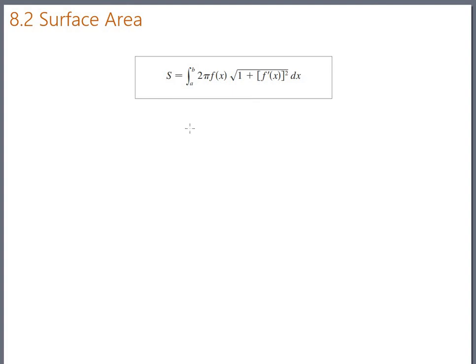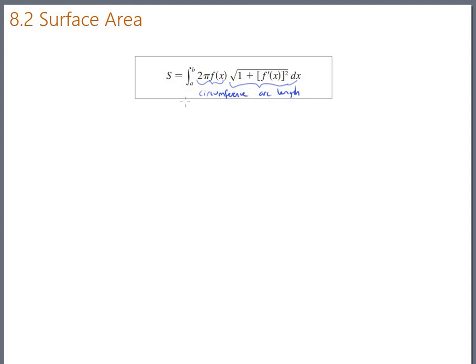So we have, let's go back to blue, we essentially have that multiplication there. We've got arc length and we've got circumference.